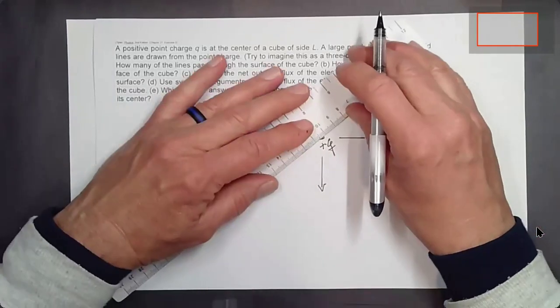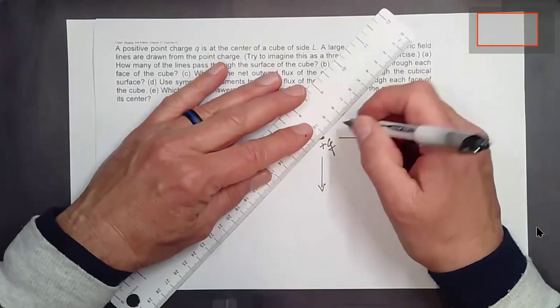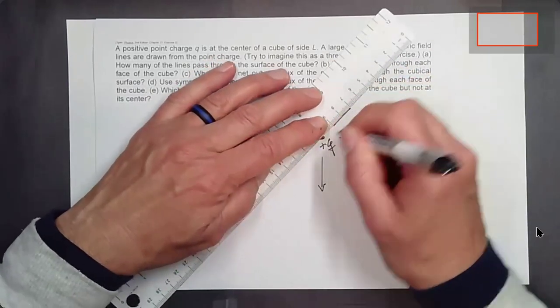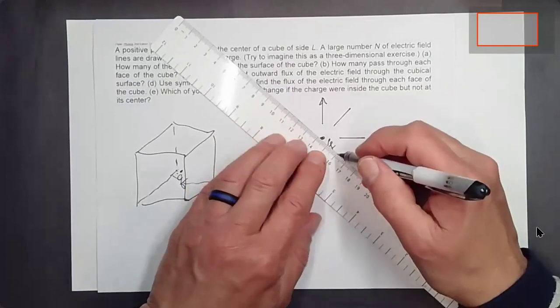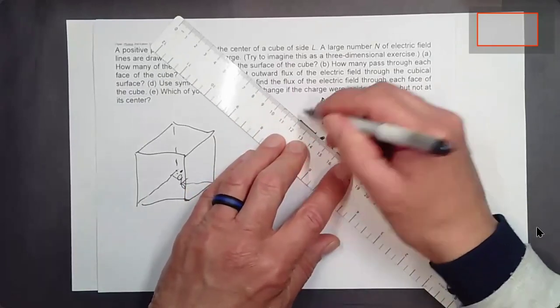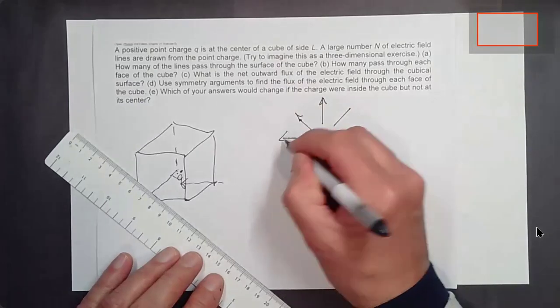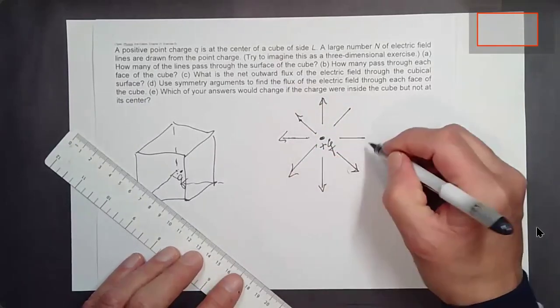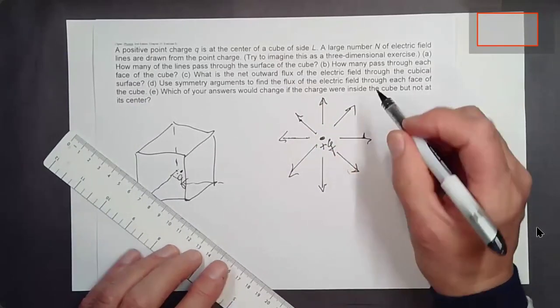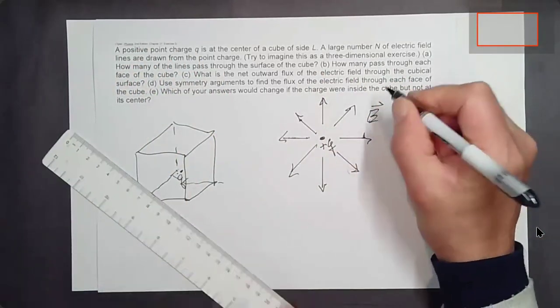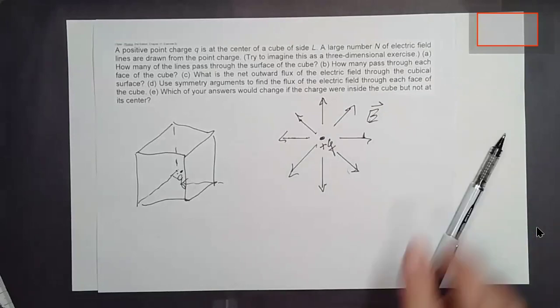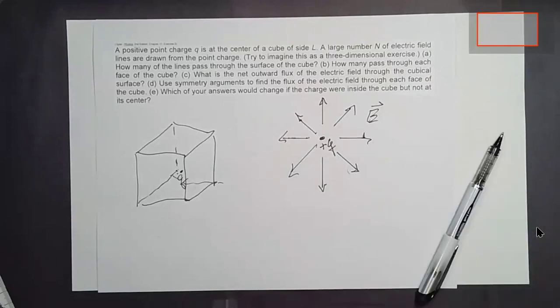Usually when we draw them, we draw a few more, but not many more. We just draw things that look like this, and they'd be symmetric in every direction from this charge, so we could just have them looking like that. So those are electric field lines, and that's what the electric field looks like for a positive point charge.